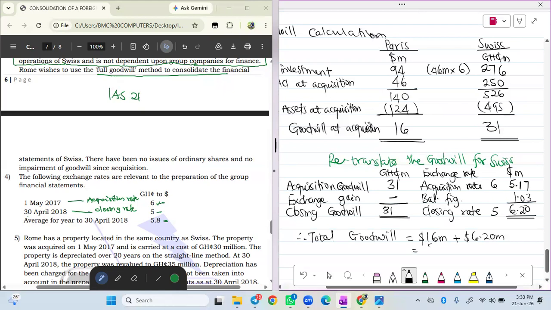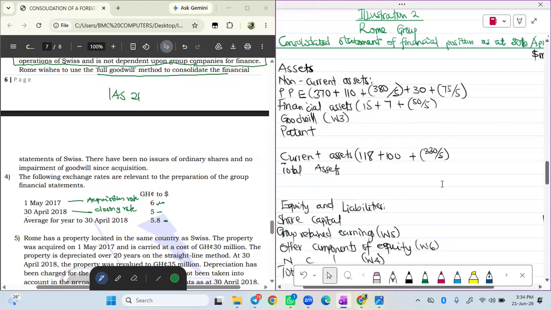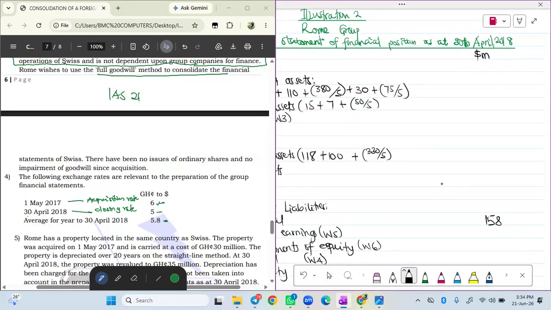So what will be the total goodwill? $22.2. 22.2. So don't waste time. Go to your skeleton, add goodwill, working straight, 22.2.